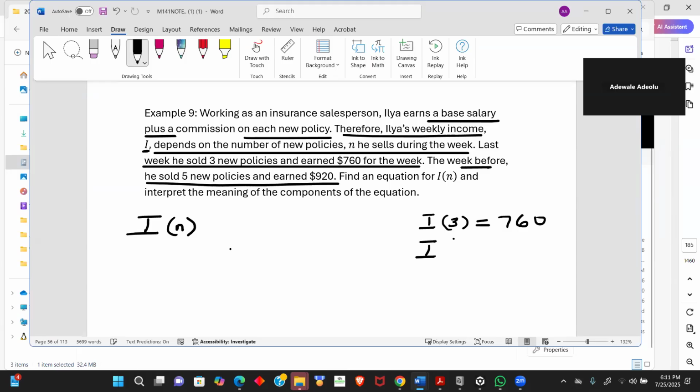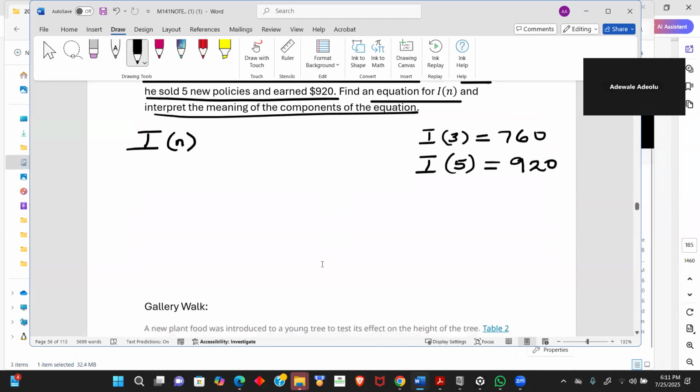That is the income that depends on 5 new policies, which fetched Ilya 920. Find an equation, I of n, and interpret the meaning of the components of the equation. Well, this is just what we have. Let us see how we can use what we have in this case.